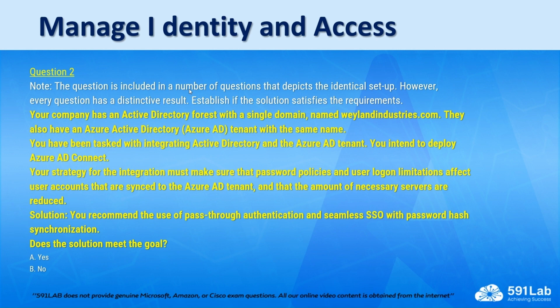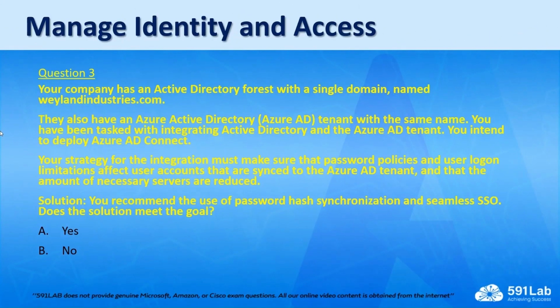Your Microsoft strategy for the integration must make sure that password policies and user logon limitations affect user accounts that are synced to the Azure AD tenant, and that the amount of necessary servers are reduced. The solution being provided: you recommend the use of pass-through authentication and seamless single sign-on with password hash synchronization. So let me just reread the question again.